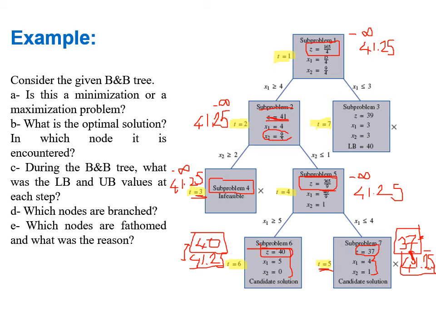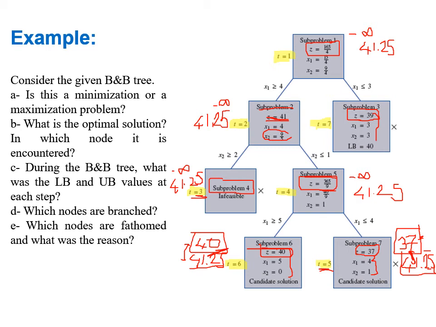Okay, so the next unexplored node is subproblem 3, and when we solve it, we come up with a candidate solution, an integer feasible solution. The objective function value of this solution is 39. When we compare this with the previous one, which was 40, the previous is better than this one, so we don't update our lower bound. We update the lower bound only if it is better than the previous alternative.